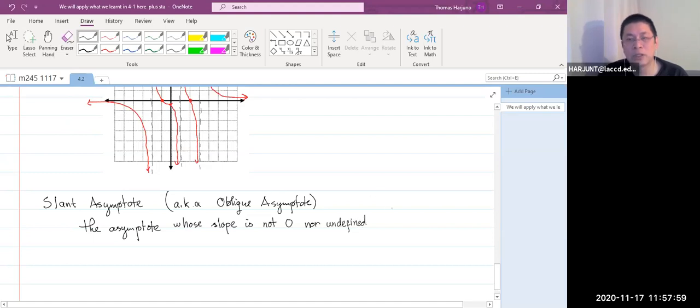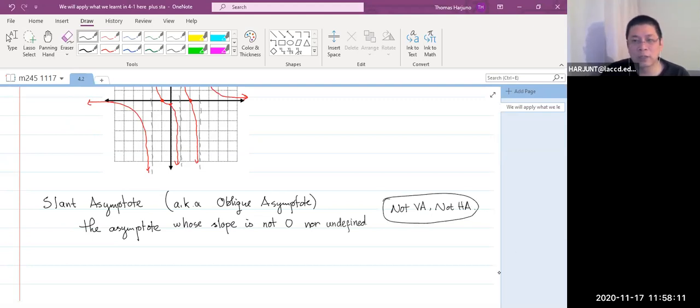In other words, this is not a vertical asymptote nor a horizontal asymptote. Okay, now we have the slant asymptote.